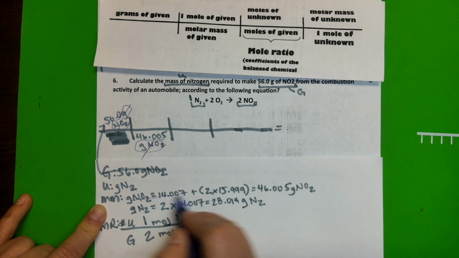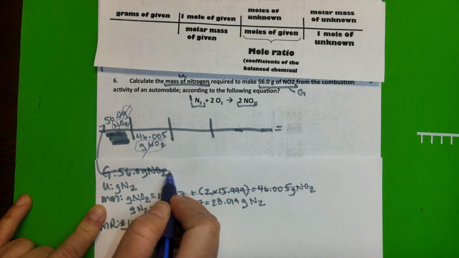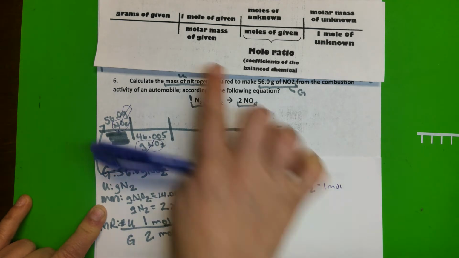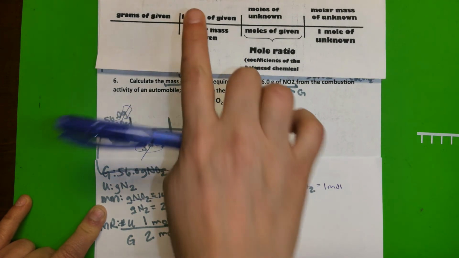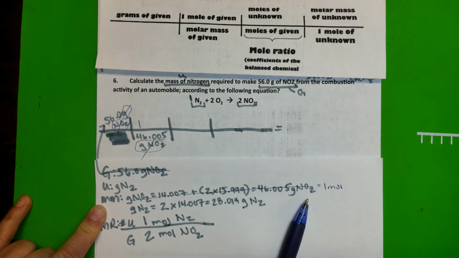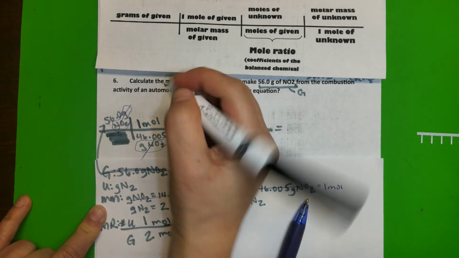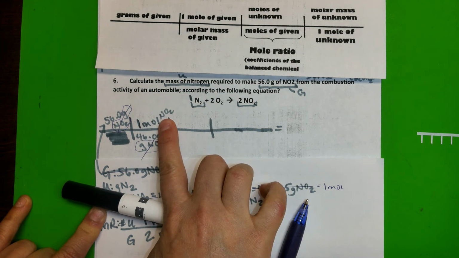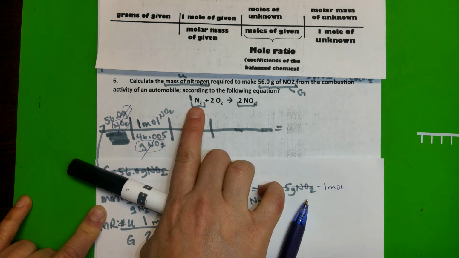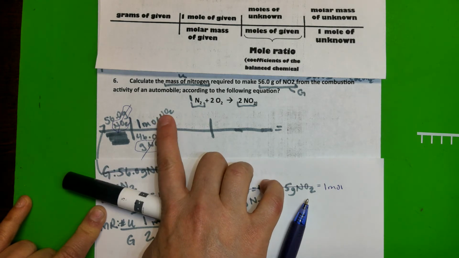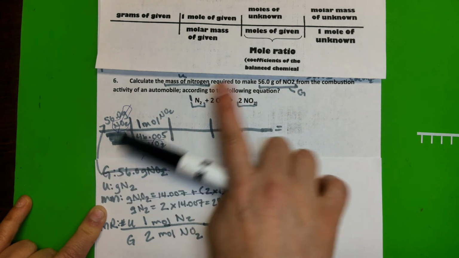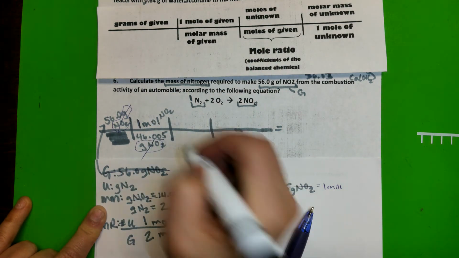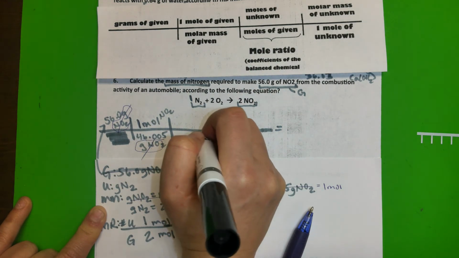Okay, so we're already done with our given. That equals always to 1 mole. That's why you have 1 mole on the top, because it's whatever is equal to. So that would be 1 mole of NO2. We're still in NO2. We haven't converted it to nitrogen. We convert it when we do the mole ratio. You see how it's mole ratio? That's next. So it will be moles of NO2.